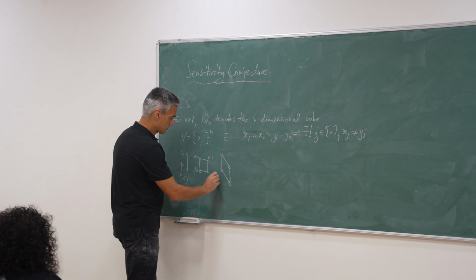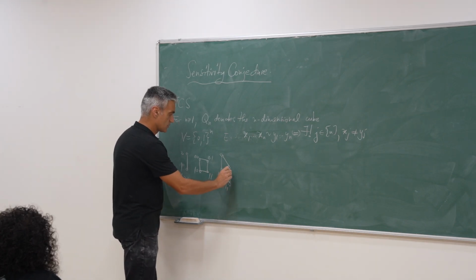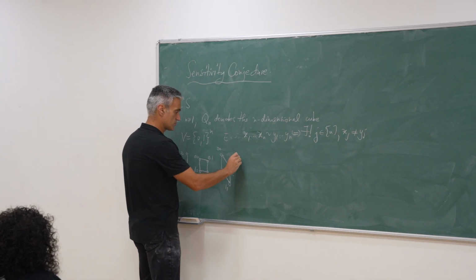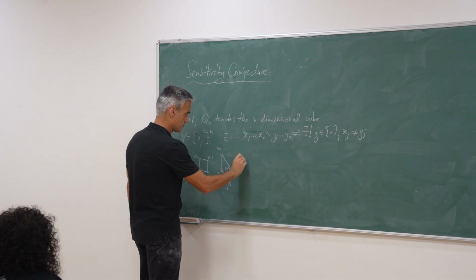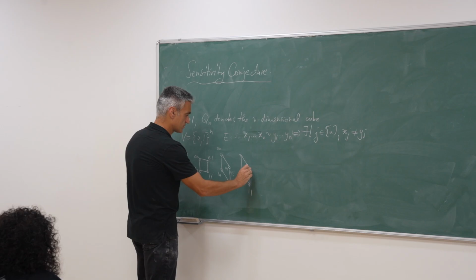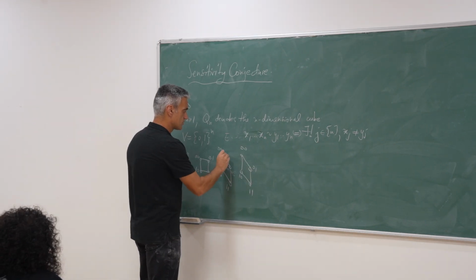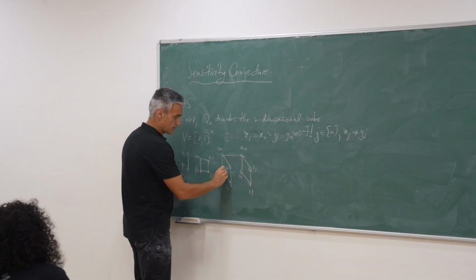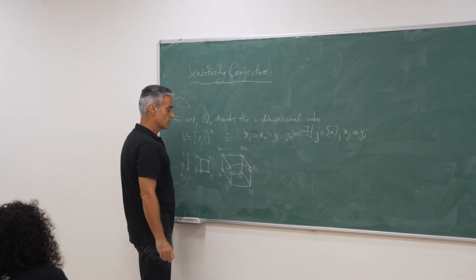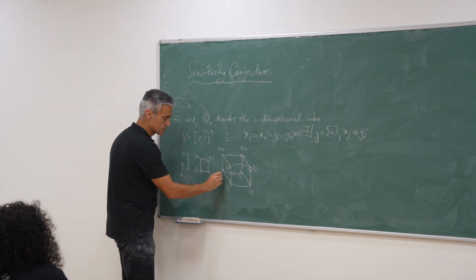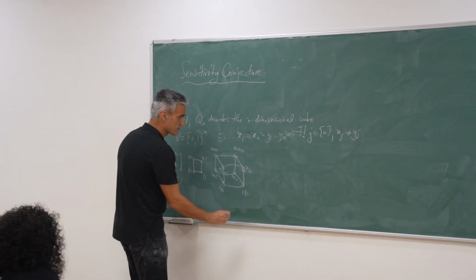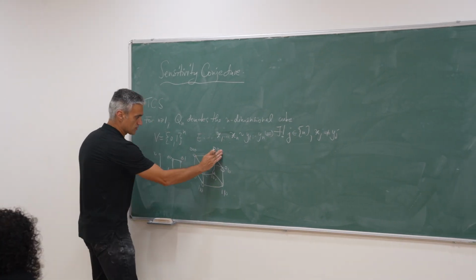So you have here 1 0, 1 1, 0 1, 0 0, and you take another copy here, 1 1 1, 1 0 0, 1 0 1, 0 0 0. You add a perfect matching here, and then you put a 0 at the end here, a 0 at the end here, and 1 on the others.